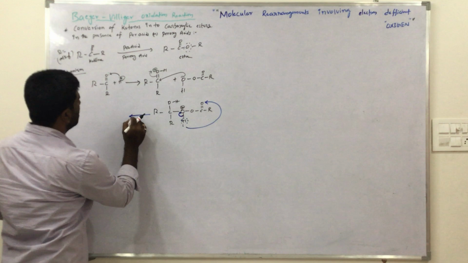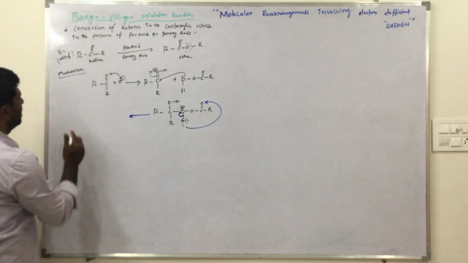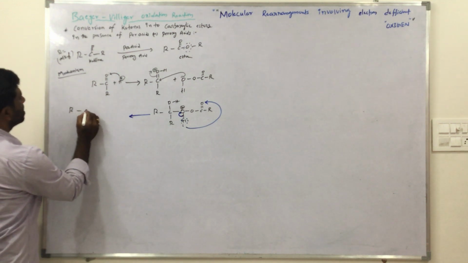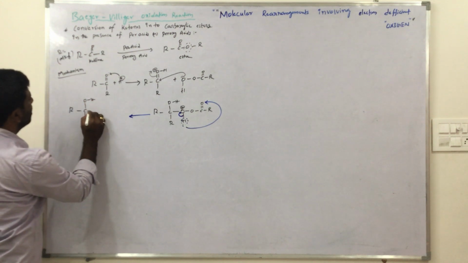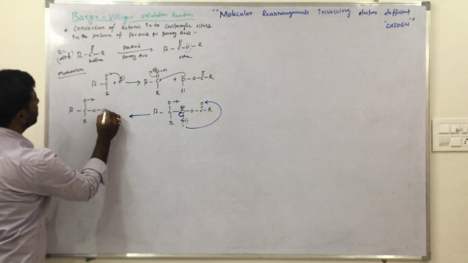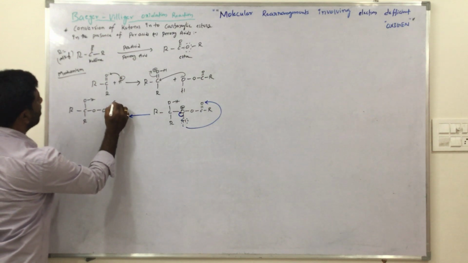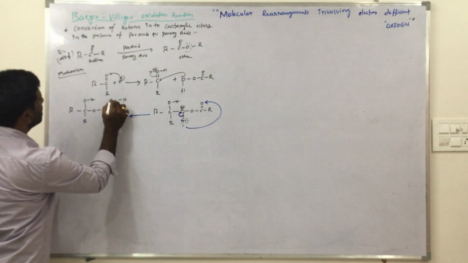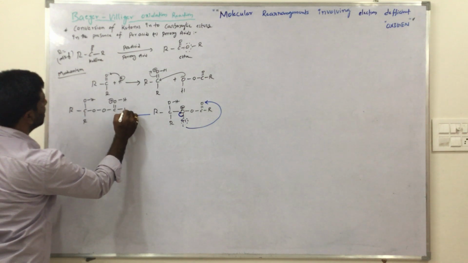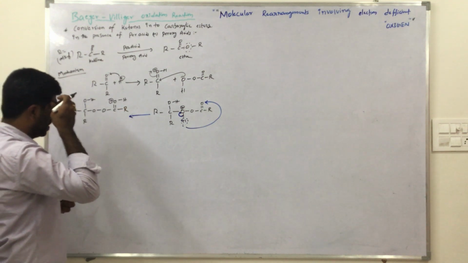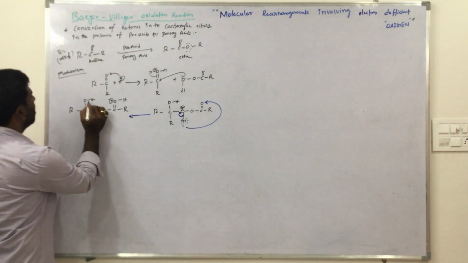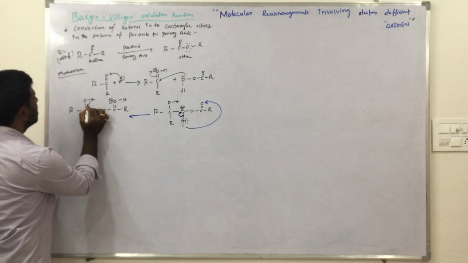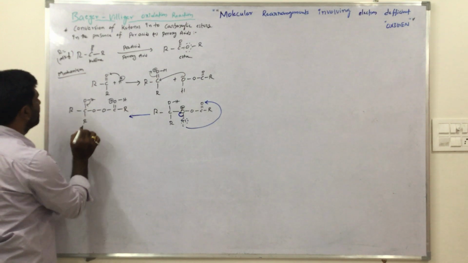Now, R bond C OH, R O, C double bond OH plus, R. Now this bond shifted here.